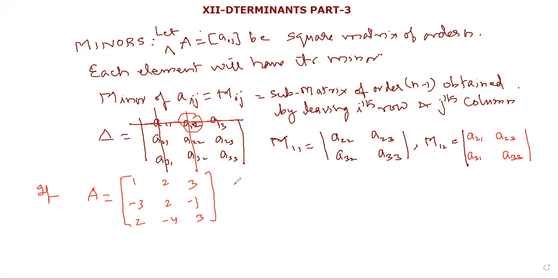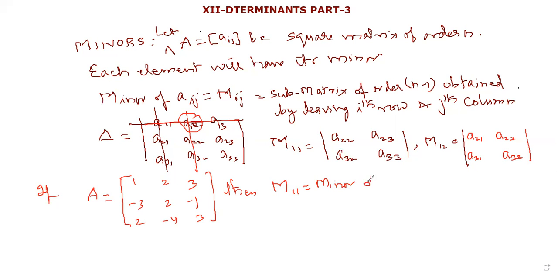If this is a matrix, then without writing the determinant we can directly write the minor of element a11.